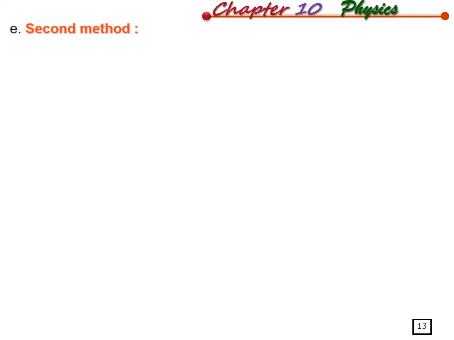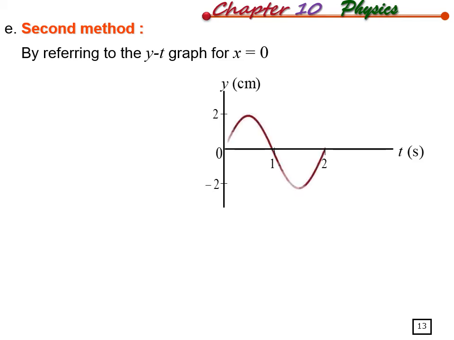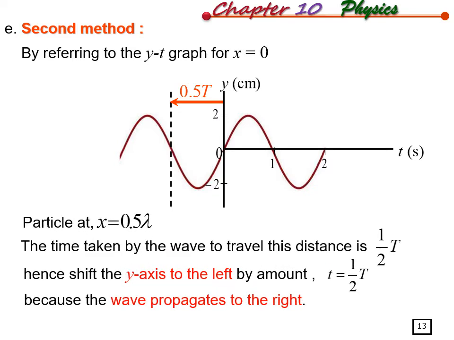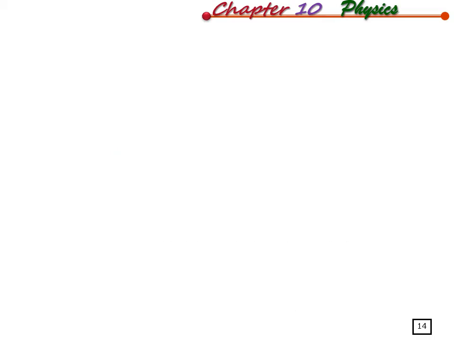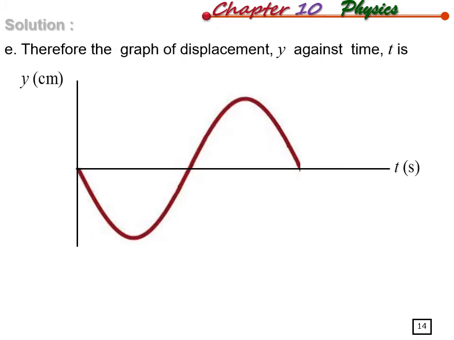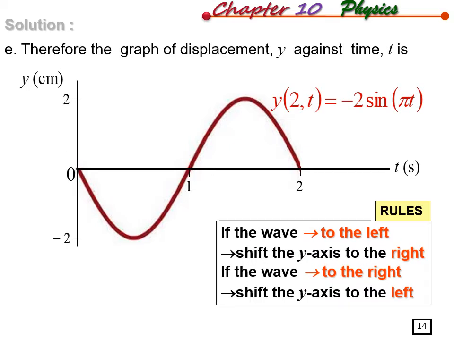Another thing you can do is use the shifting method. You shift it by half an oscillation, so your starting point will start from over here. For the final solution, we redraw the graph with the correct axis, so the drawing will be for one complete oscillation.